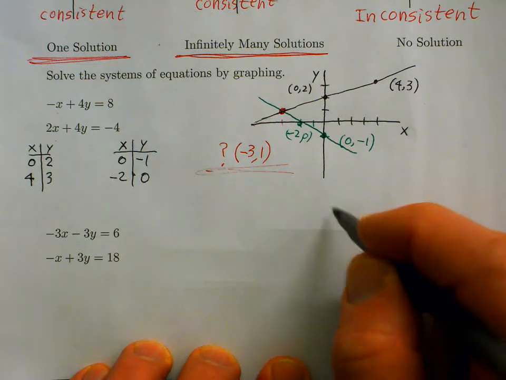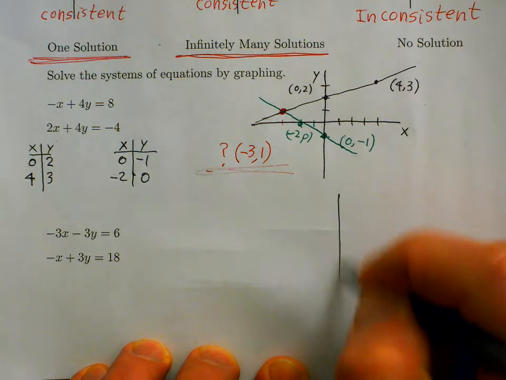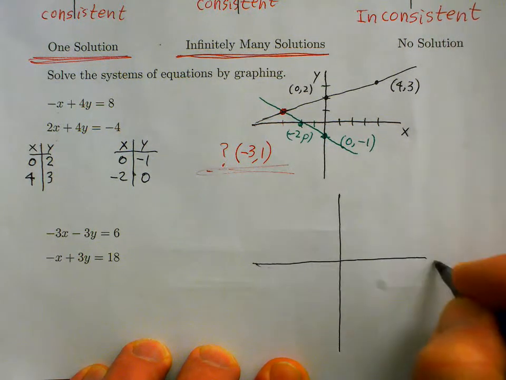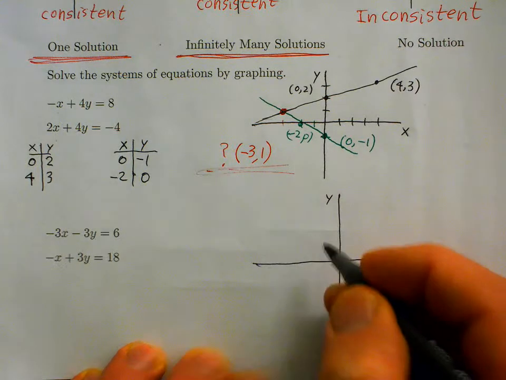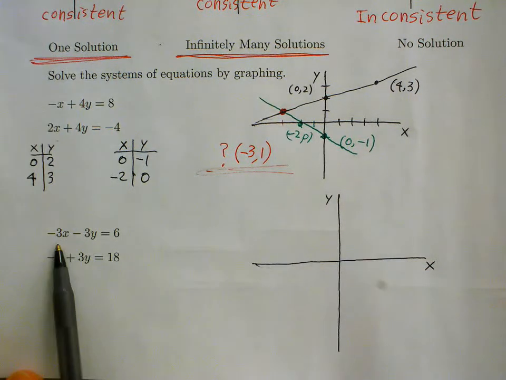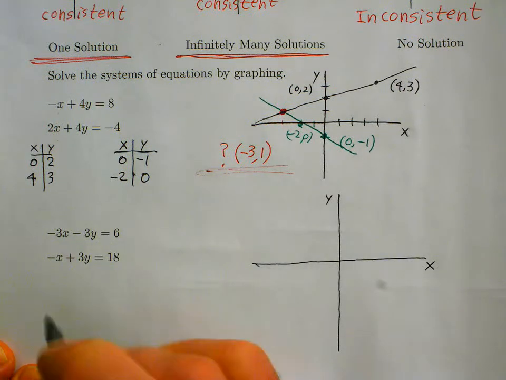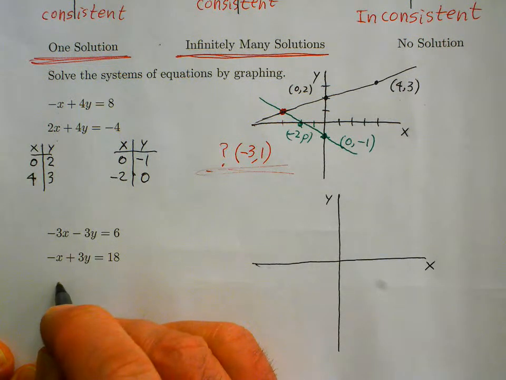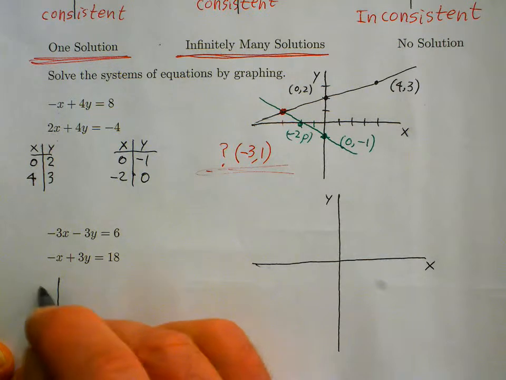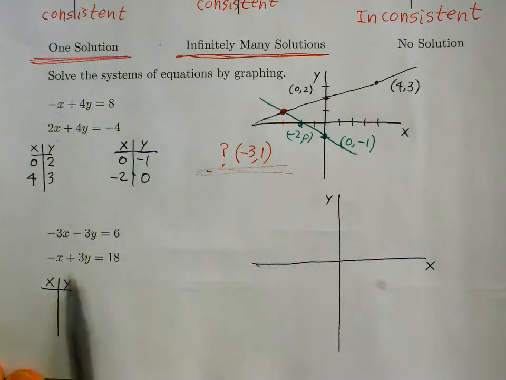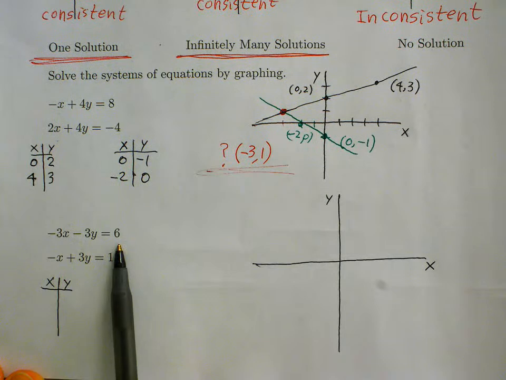Okay, what did you come up with for 2 ordered pairs for the top line? The line -3x minus 3y equals 6. So just looking at the top line, it looks like the x and y intercepts will work pretty nicely.